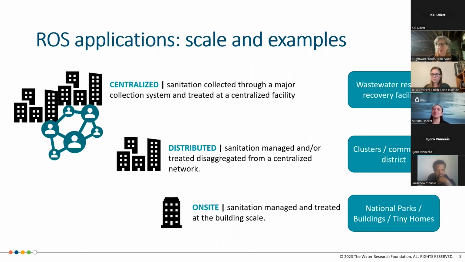And so we wanted to first take a look at centralized setup. So for infrastructure that is networked and is centralized, it's collected and then sent to a treatment facility, what we're finding is that folks want to recover resources from those collection systems. What we've seen in a trend in utilities in the US is they're actually transitioning from treatment plants to resource recovery facilities. So I think culturally speaking, there's a shift happening in how we're thinking about our infrastructure.